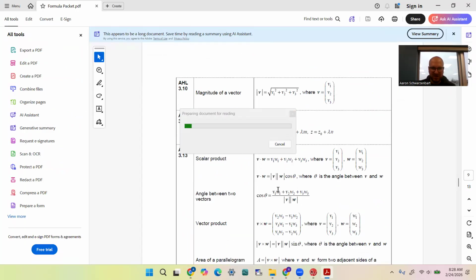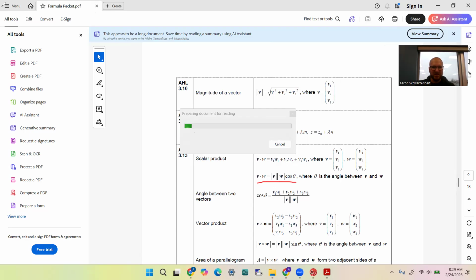The scalar product gives you the magnitudes multiplied times the cosine of the angle between them. So if I'm looking at that, it looks like this. It's not just the magnitude of the new vector.